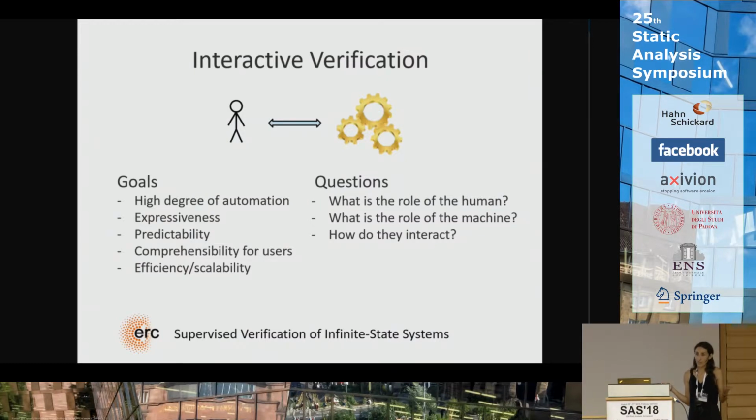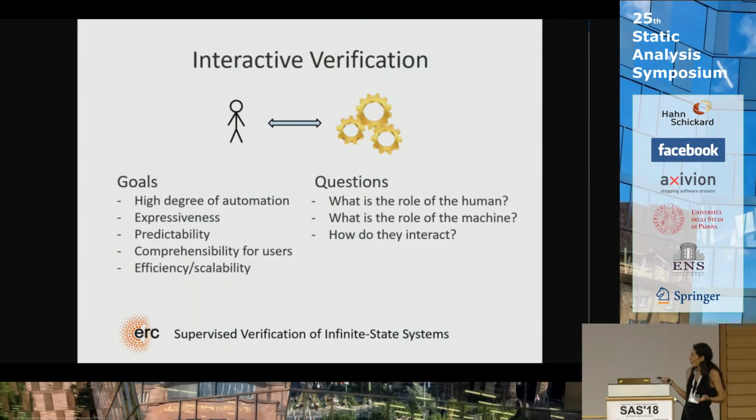We don't want the burden on the user to be too high. But we also don't want to sacrifice expressiveness too much. And we want to have a predictable approach. We don't want to have what is sometimes happening with SMT solvers, that they diverge and you don't really understand what's going on.